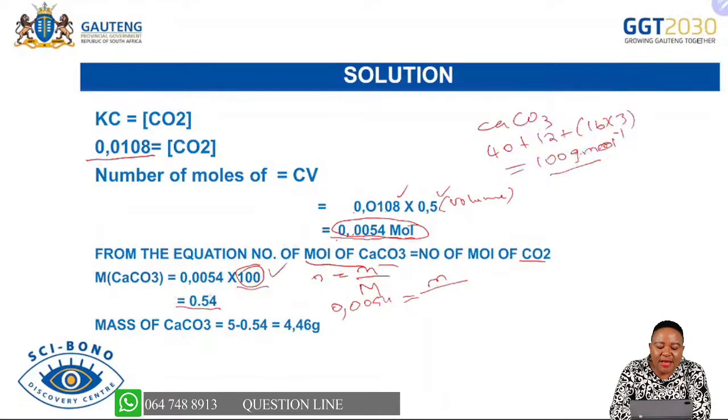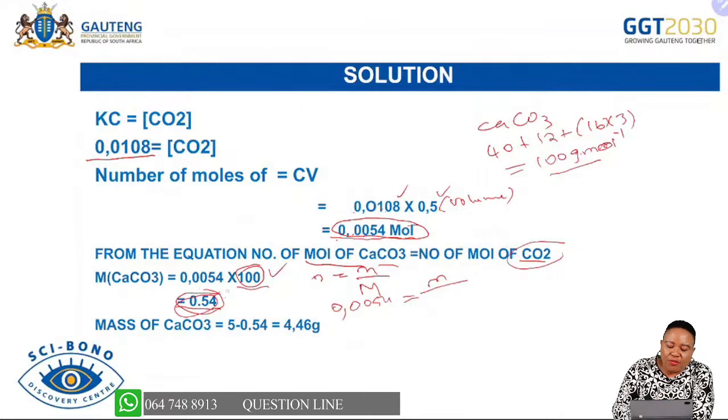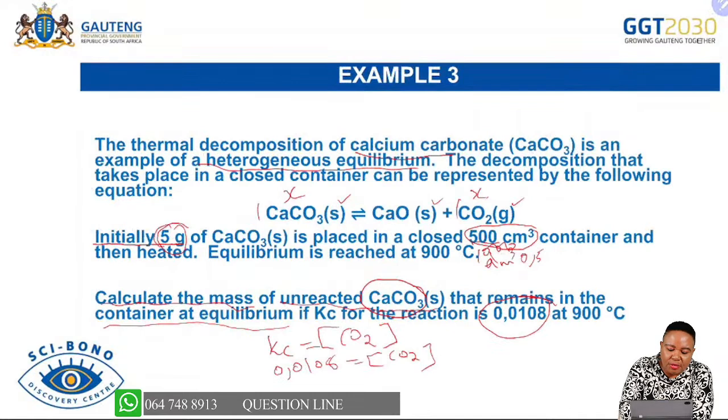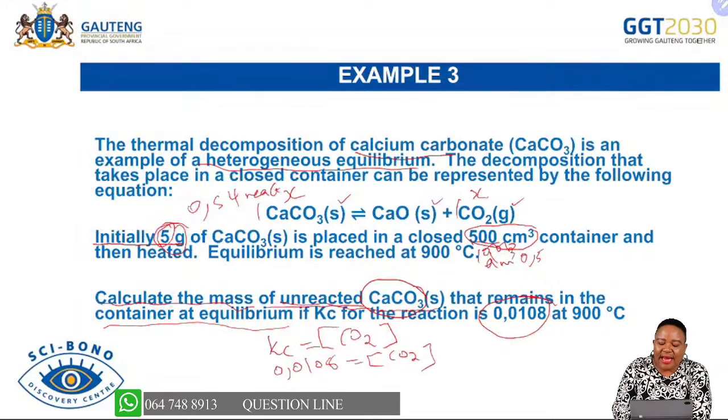And then we get the mass that reacted to form carbon dioxide. Then the examiner is looking for the mass that didn't react. So if you started with 5, because our question was saying initially we had 5 grams, but we know that only 0.54 reacted, then we are looking for the unreacted mass.